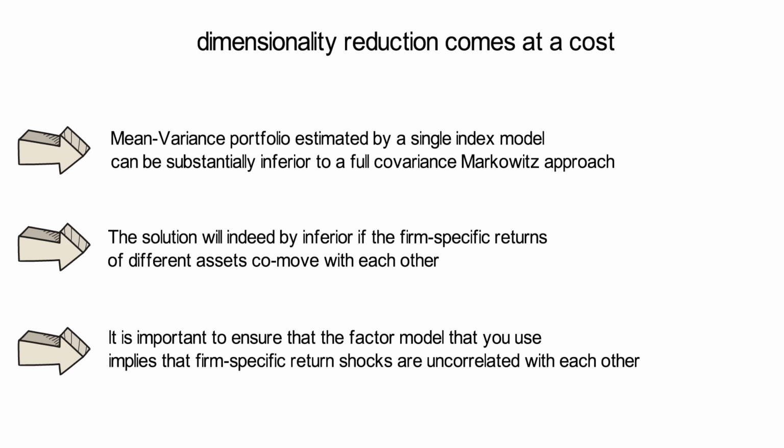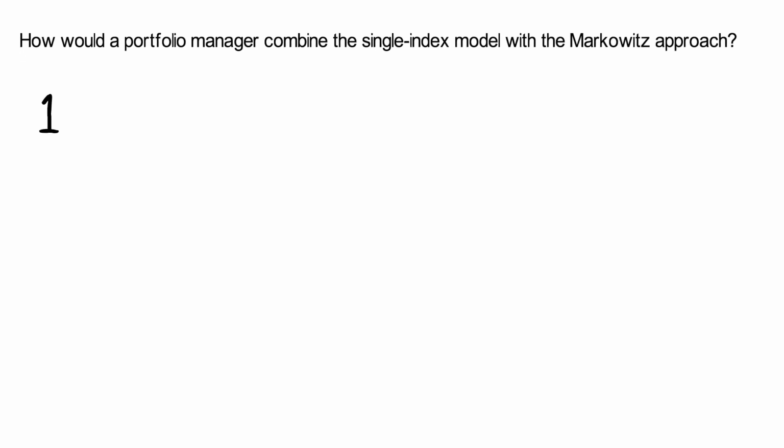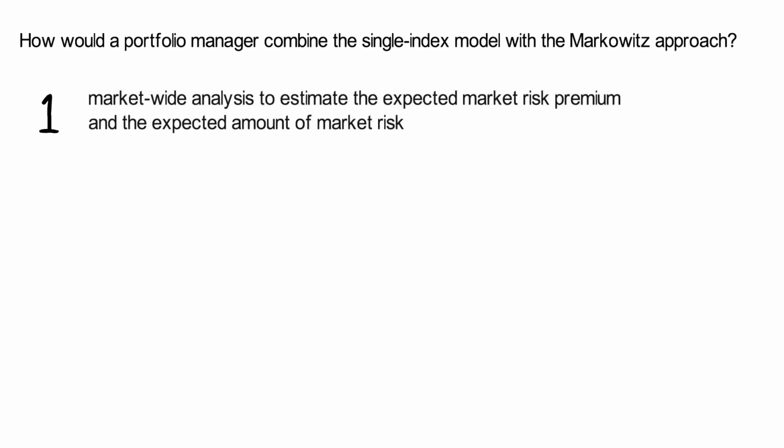Let's take a step back and ask the following question. How would a portfolio manager combine the single index model with the portfolio selection approach of Markowitz? Well, that manager would use 4 steps. Step number 1, he would do a market-wide analysis to estimate the expected market risk premium, mu m minus rf, and the expected amount of market risk, sigma square m.